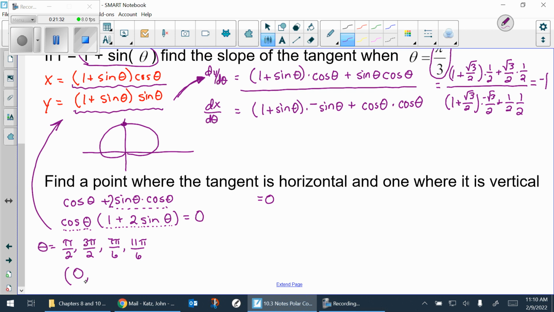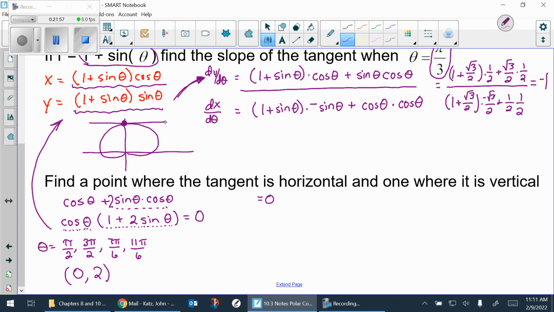I get an x value of 0 and a y value of 1 plus 1 times 1. It appears as if I would have a horizontal tangent right up here at the point (0, 2), and that certainly isn't very difficult to understand.